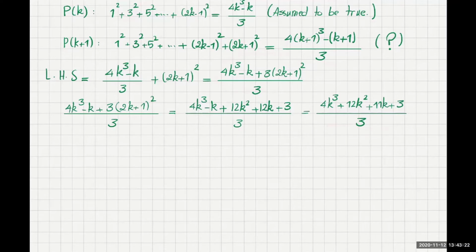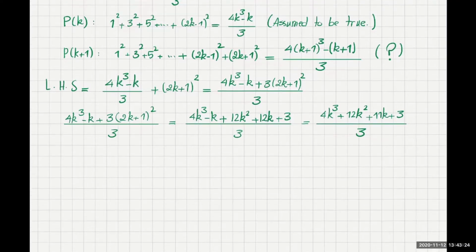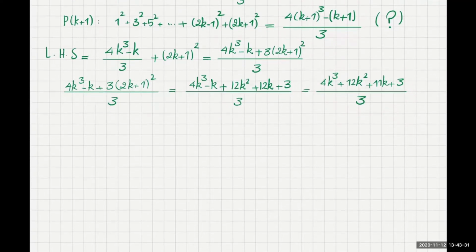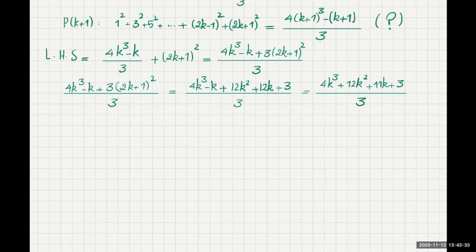Okay. Of course, it's not hard to see that this expression is equal to this expression, but let us simplify the other one as well. So 4(k plus 1)^3 minus (k plus 1), then divided by 3.